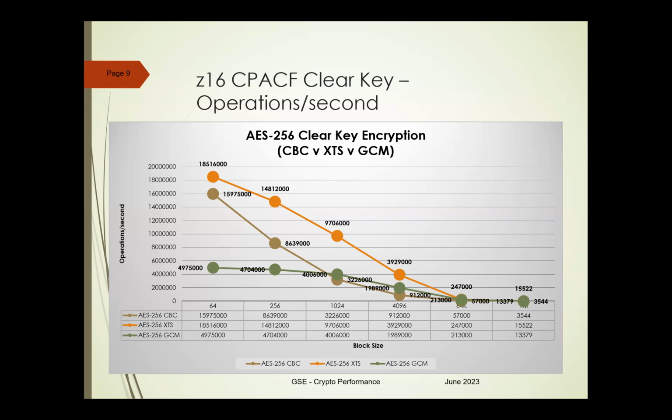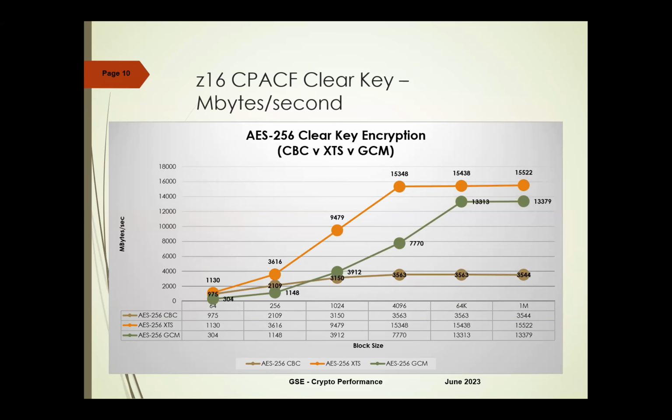So when we look at things in the next couple of charts, comparing clear key to protected key to secure key, it will give you an idea of what you can expect from a performance perspective. Lastly, on this chart, we're measuring the number of operations per second, how many KM instructions we can execute with CBC mode versus XTS mode versus GCM.